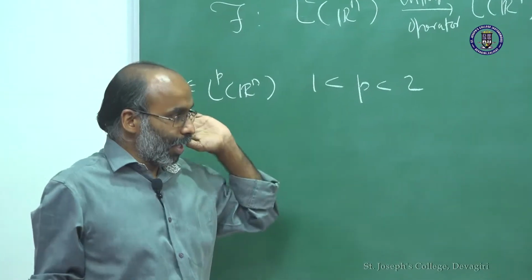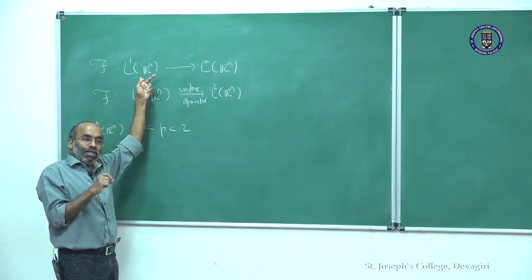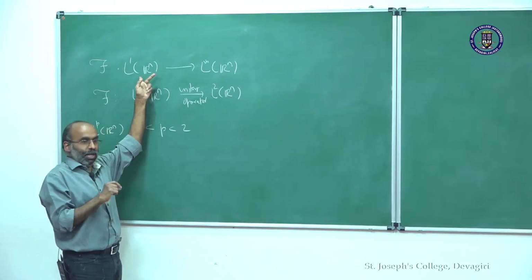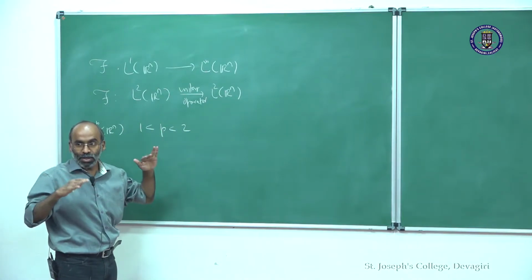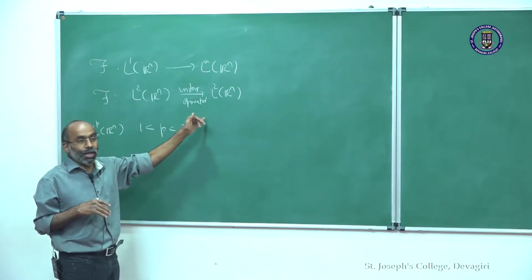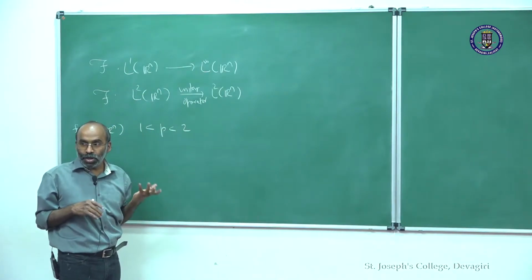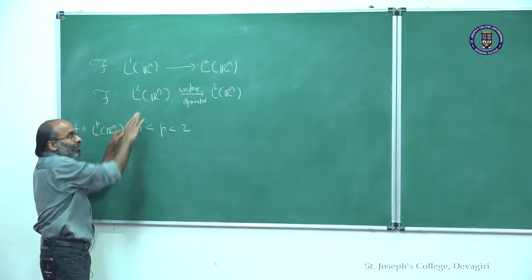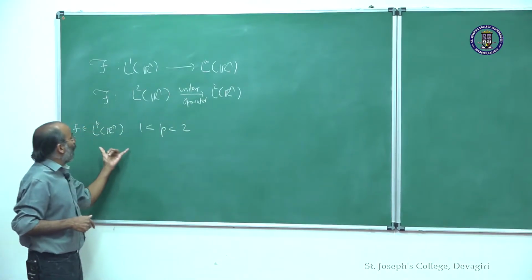So, keep things in mind. Here we have an integral definition which makes sense because F is in L1. Here we have an extension as a unitary operator. There is no integral definition here except for functions in L1 intersection L2. The integral may not exist, but you have a well defined operator, a unitary operator.